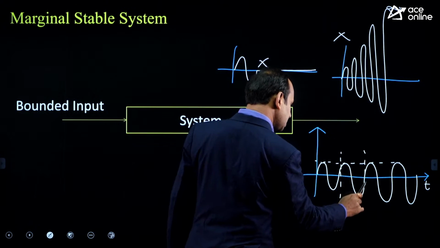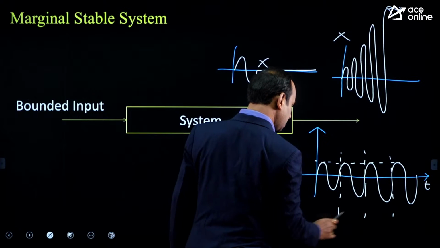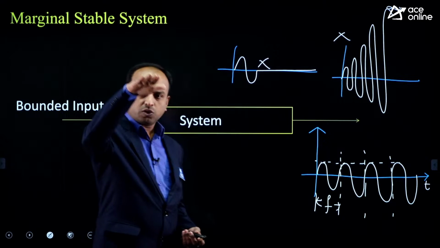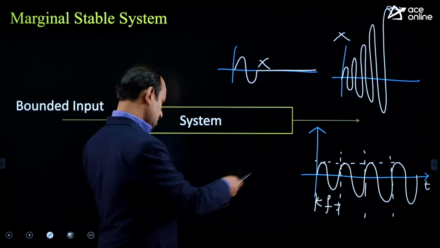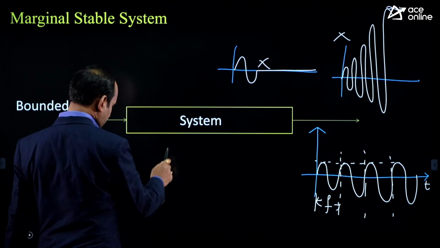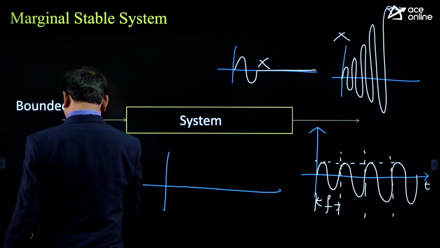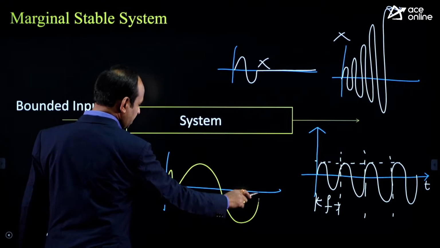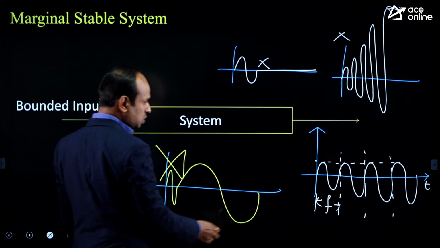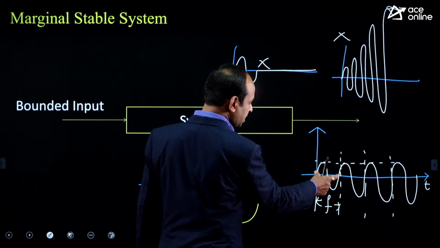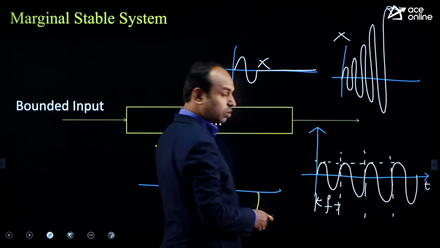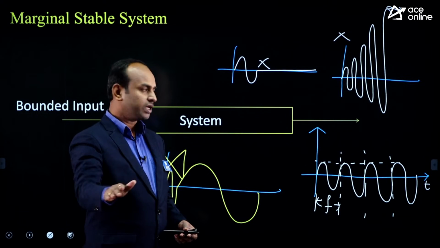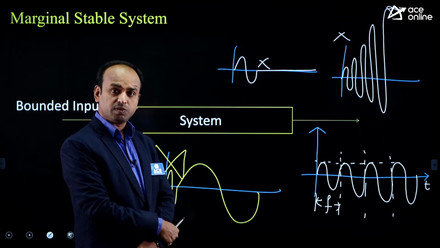The reciprocal of the time period is called the frequency. It should oscillate with the same frequency. If one signal is like this and another signal is like that, it is not marginal stable. For any two signals, the time period should be the same. So a marginal stable system oscillates continuously with a fixed frequency.